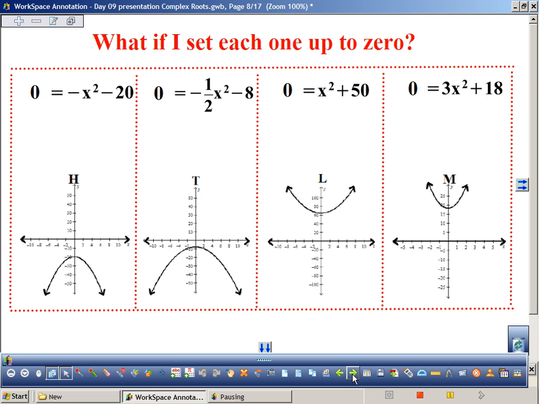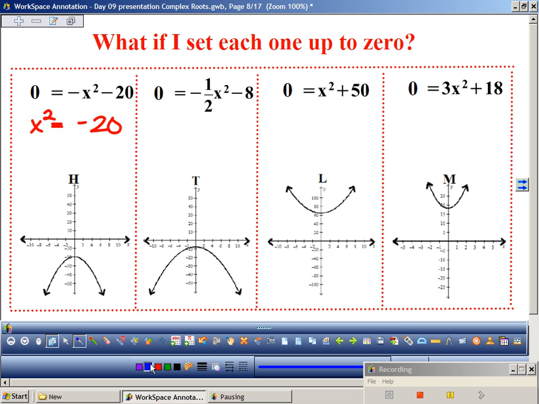Okay, I don't want to talk too much about this. I'm going to go through these really quick. You should be able to see that you could solve these 2. So I could put the x squared on the other side. I need the talking to stop, guys. If I had the x on the other side, how could I solve this? Square rooting. I could take the square root of both sides, and then I've got imaginary numbers.